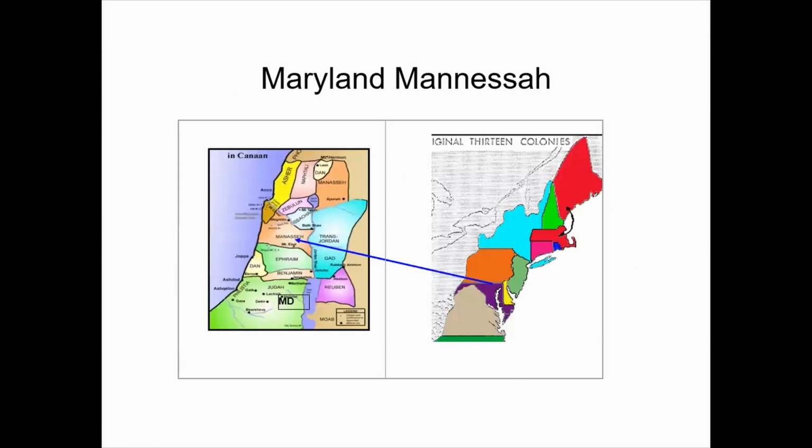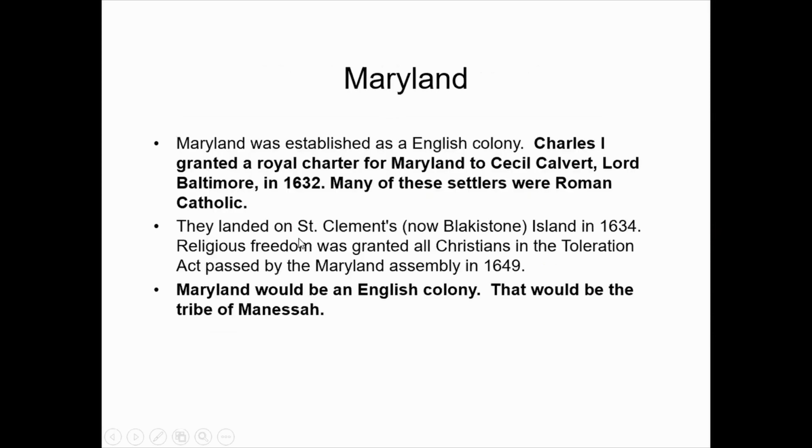Now, the next one we're going to talk about is this one right here, which is Maryland. Maryland would also have become part of that Massachusetts colony. They would be an English colony. Do y'all see that?